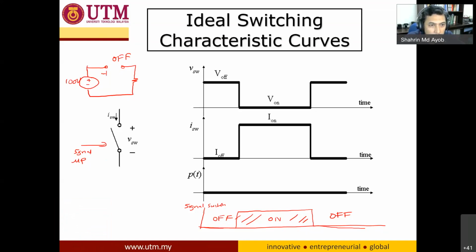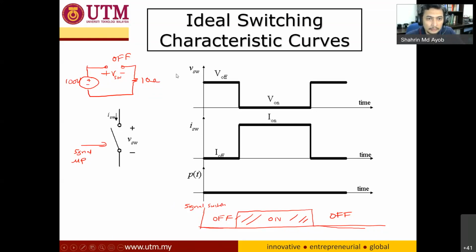This is the positive, negative. This is your voltage across the switch. For example, this load may be 10 ohm. Can somebody calculate for me what is the voltage across the switch when the switch is off? This is the switch signal from the microprocessor. It gives the order for the switch to turn off. So right now the switch is off.